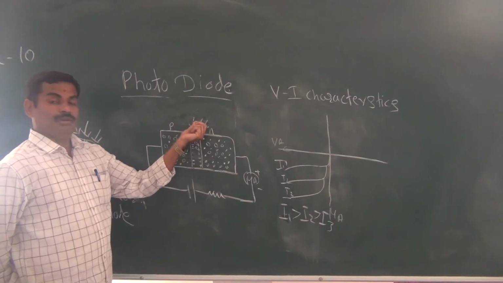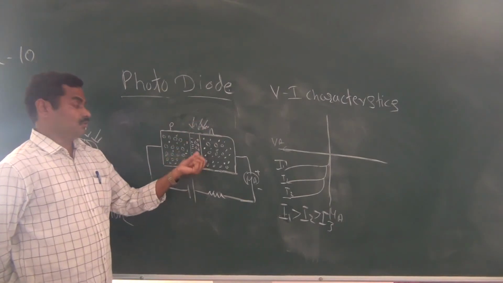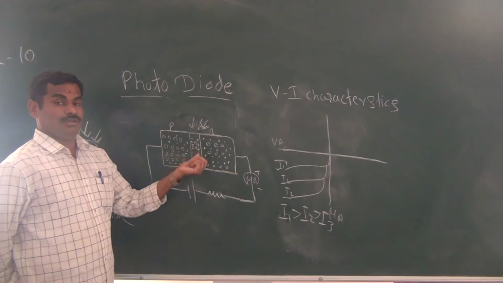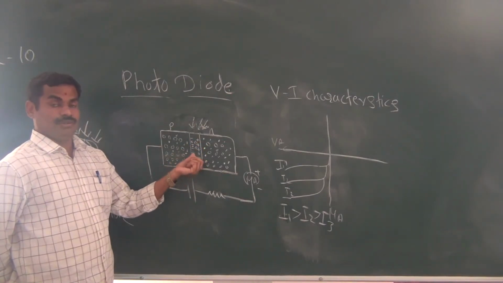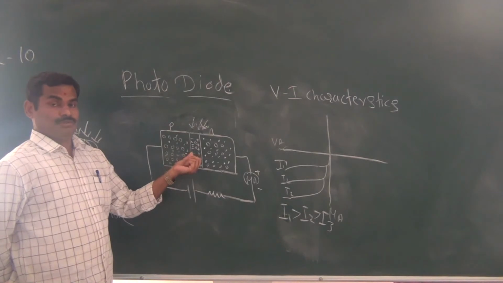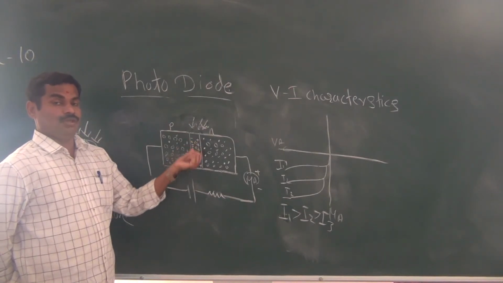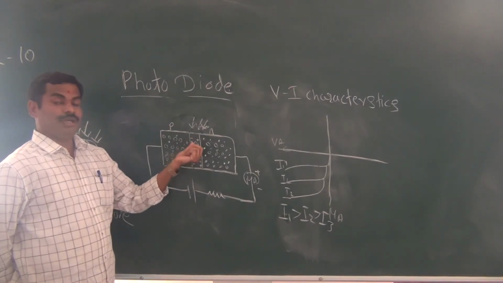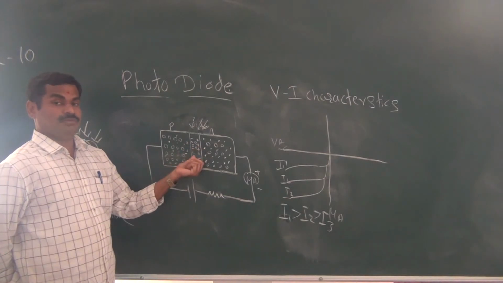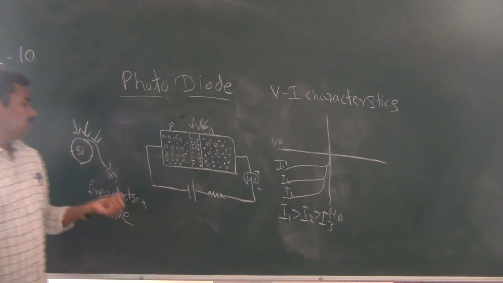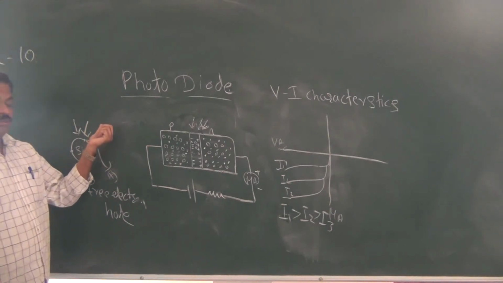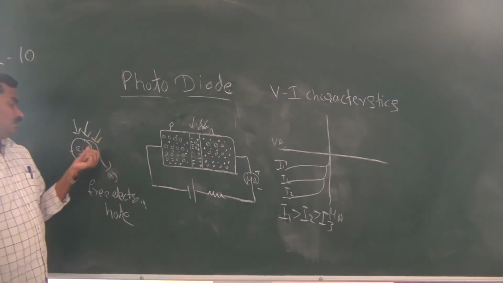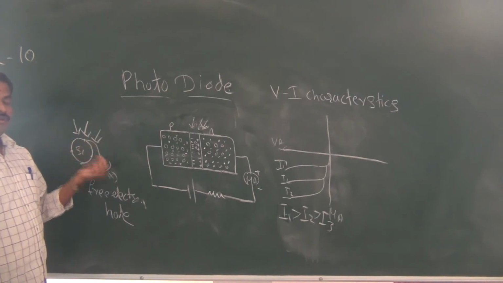That light will move towards the junction, the depletion layer. In the depletion layer, as we know, there are neutral atoms, not having any electrons or holes, just semiconductor atoms, or silicon atoms. If you apply light energy, photons, then because of that energy the electrons come outside.